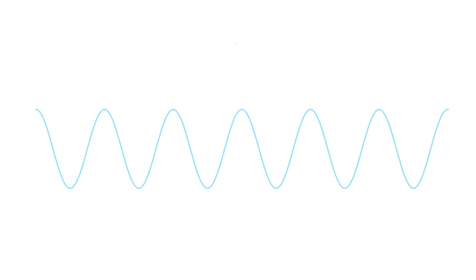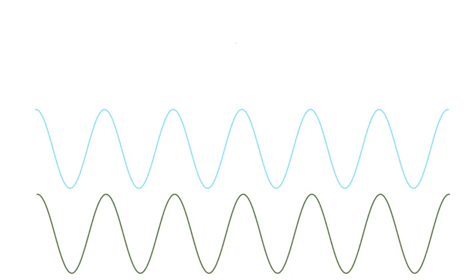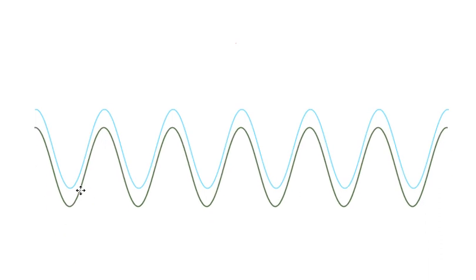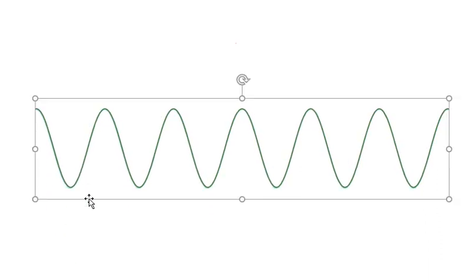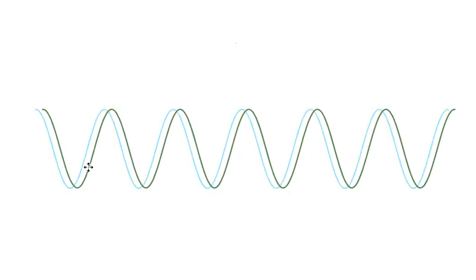Now you can see that I have a wave. Let's bring in another wave over here. Okay, I can move this wave up and overlap. When I overlap, I can see that they are overlapping right now. But let's move it one wave forward.